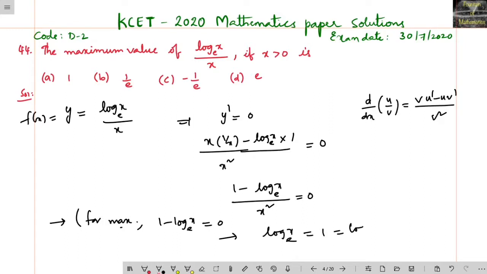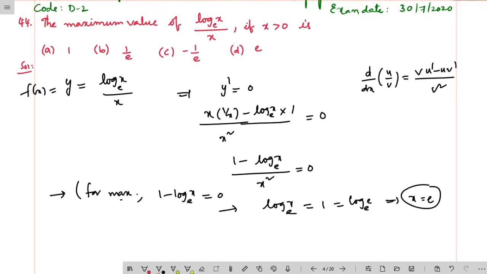That 1 we can write it as log e to the base c. So we can write x is equal to e. This is possible when x is equal to e. When x is equal to e, then what is y? At x is equal to e, y is equal to, or y max we can write maximum of y is log e to the base c divided by e, that is 1 upon e, right?